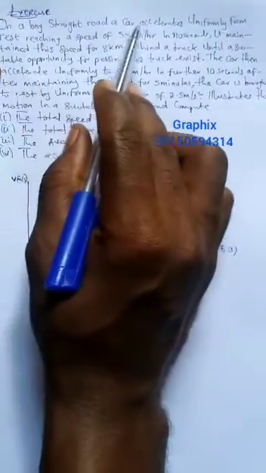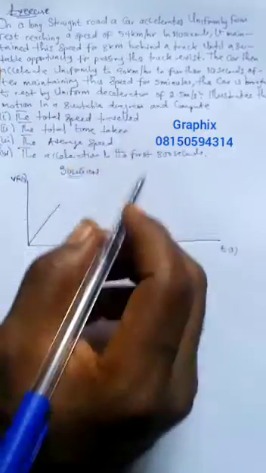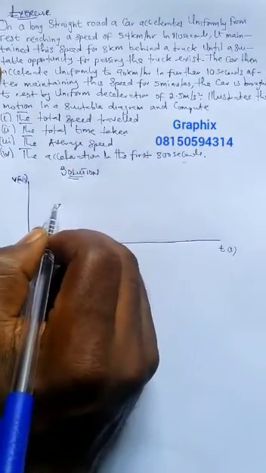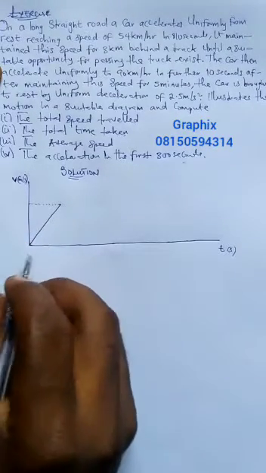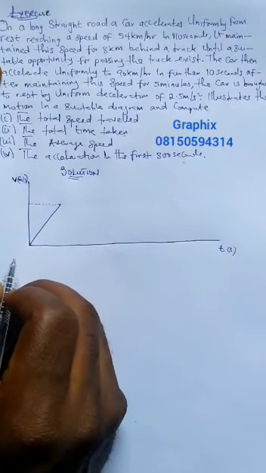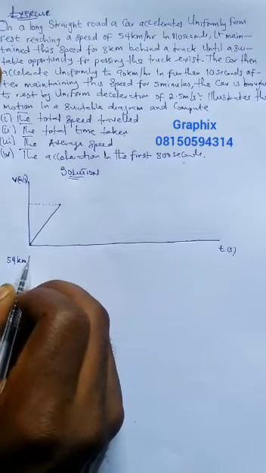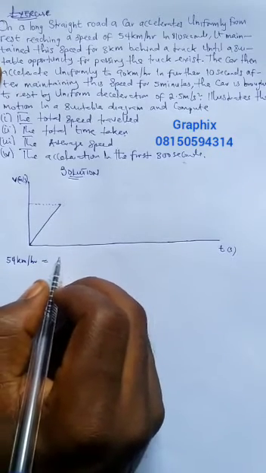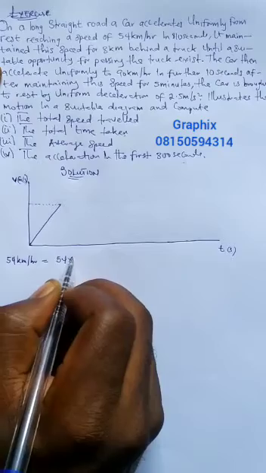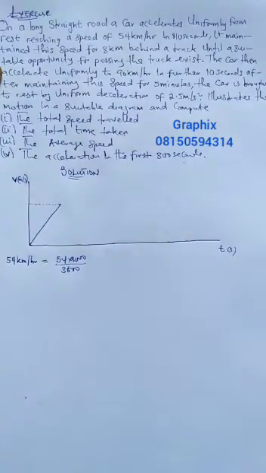On a long straight road, the car accelerates uniformly from rest, reaching a speed of 54 km per hour. Now if you convert 54 km per hour into meters per second, it will be 54 multiplied by 1000 all over 3600, right?